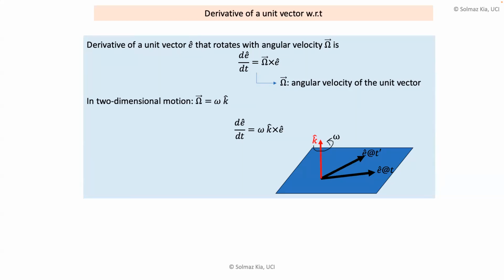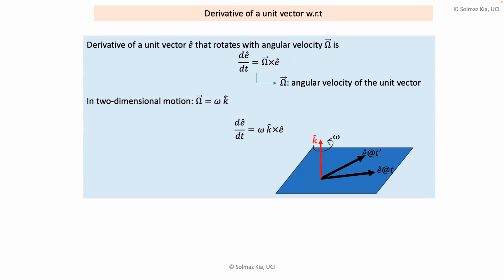Therefore, we can expect that the rate of change of a unit vector with respect to time is a function of its angular velocity. Indeed, it has been shown that the rate of change of a unit vector with time is equal to its angular velocity cross product with the vector itself. In a two-dimensional space, the angular velocity vector is always in the direction that is perpendicular to the two-dimensional plane.